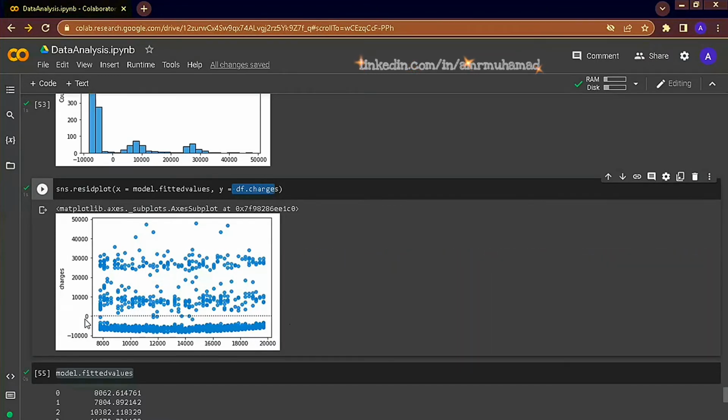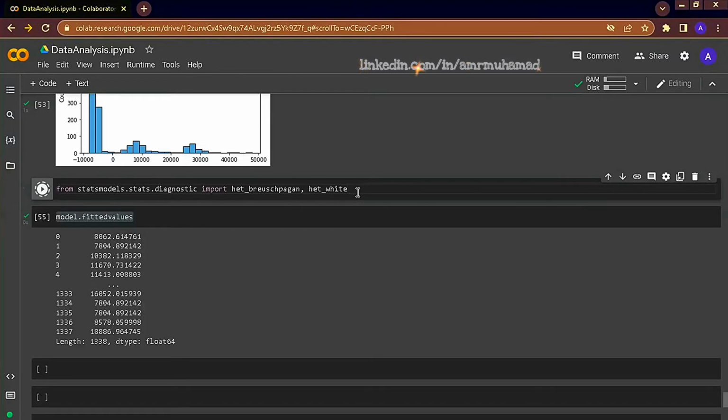Here it uses a standardized residual, so around 0 is our model, and each point represents the distribution of the residuals along the line. We want to see an equal distribution of values around the line, and this can be noted here. So for age, we can say that residuals are not normally distributed but have equal variance. We can say that residuals are homoscedastic. So up to now we have a violation in the normality of residuals assumption.